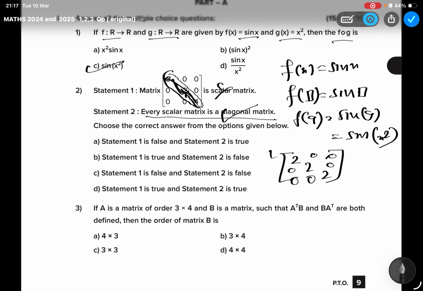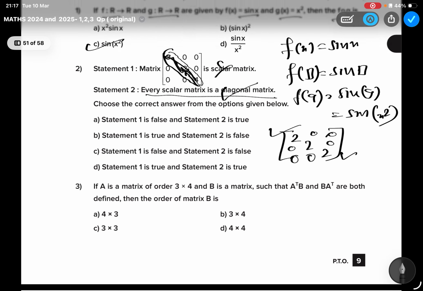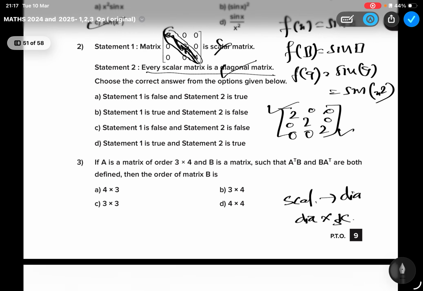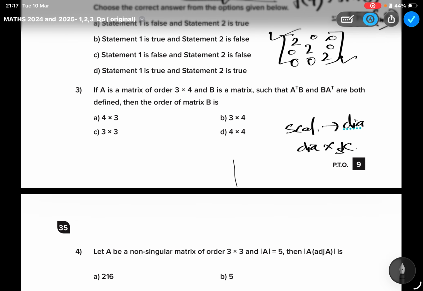Here you can say it is a scalar and also diagonal, but all diagonal matrices are not scalar. You have to remember, all scalar are diagonal, but diagonal are not scalar. Statement 2 is correct, statement 1 is false.